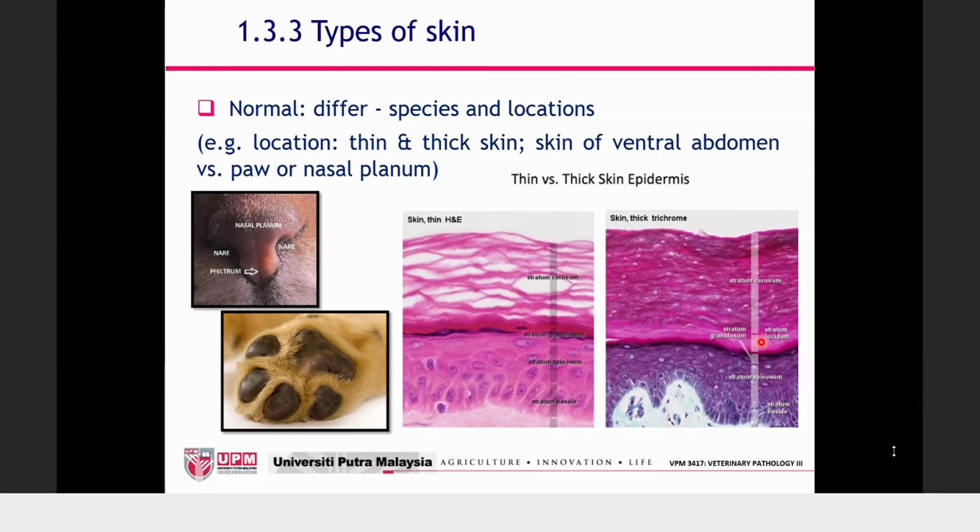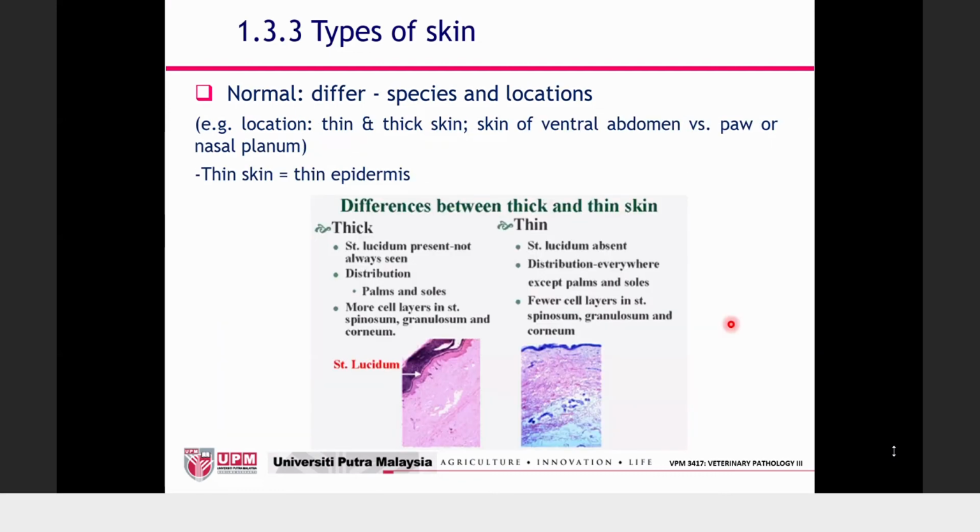It is not present in thin skin. Sometimes people will say that in thick skin the stratum lucidum is present, but sometimes you might not see it visibly or clearly. And the distribution is always at the planum or the foot pad. In humans, it's at the palm and the sole.